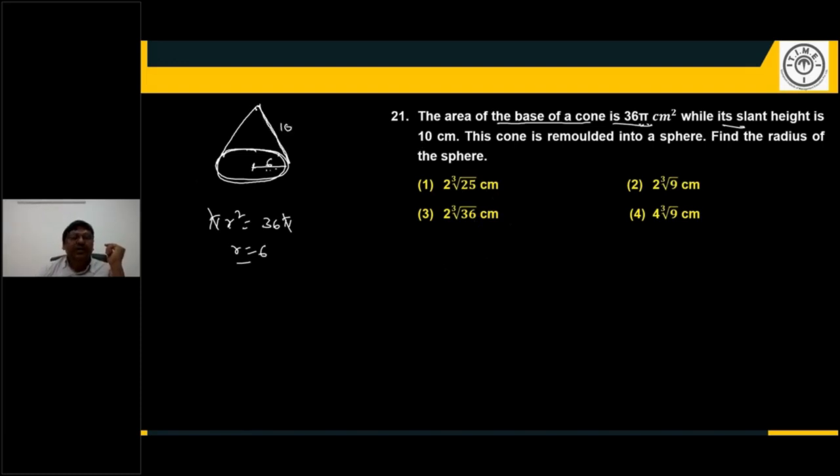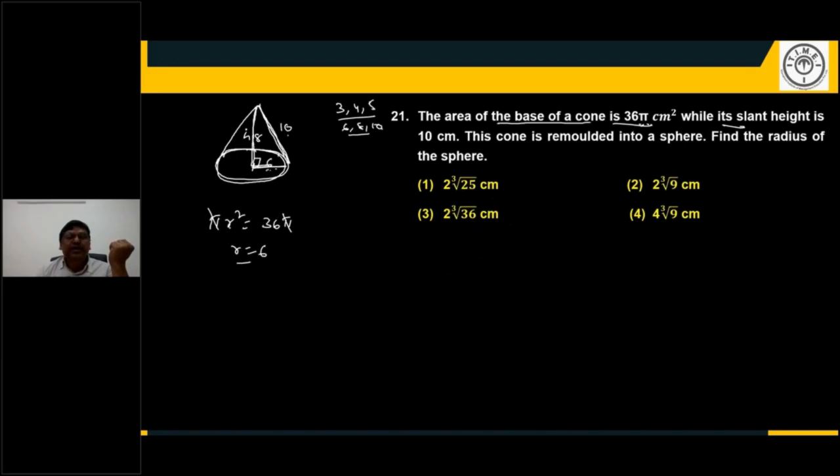So what does this mean, students? This is called the vertical height. It is a right angle triangle, and I'm sure you can calculate, it will become 8. I'm sure you know the right angle triangle triplet 3, 4, 5. You double them: 6, 8, 10. These are the sides of a right angle triangle. When I know this is 6 and 10, you should say this is 8.